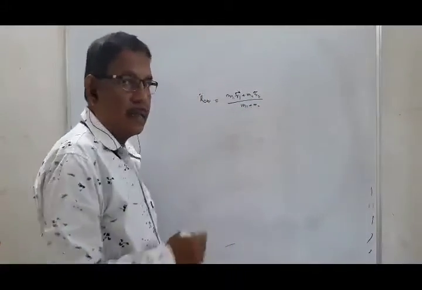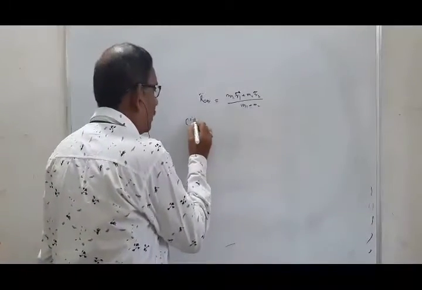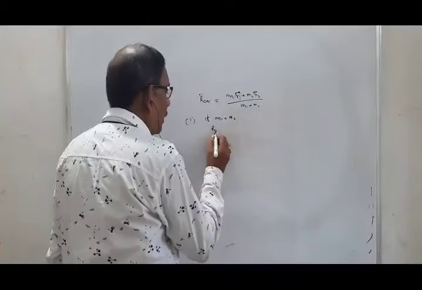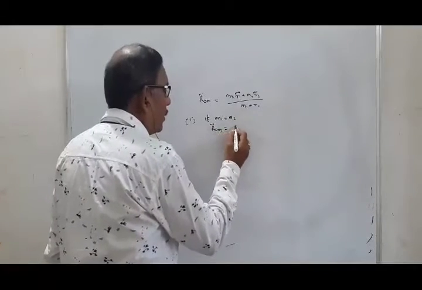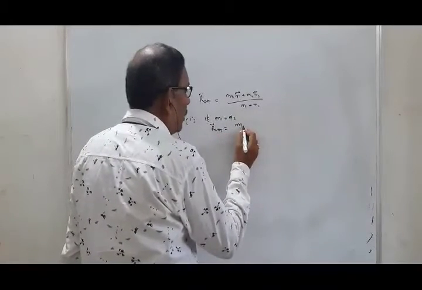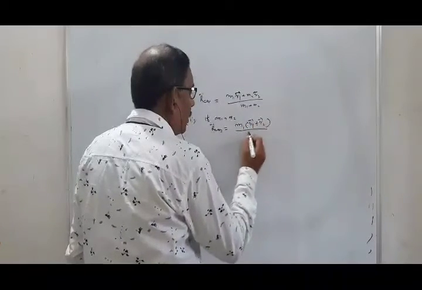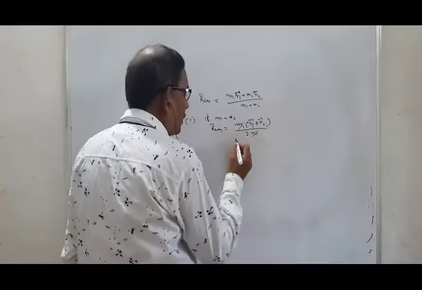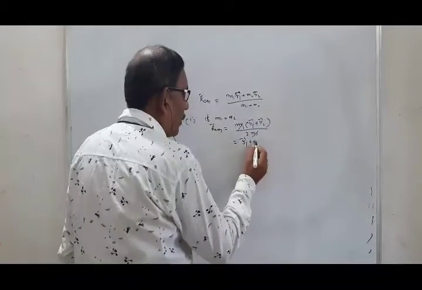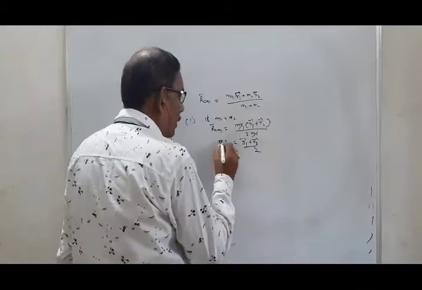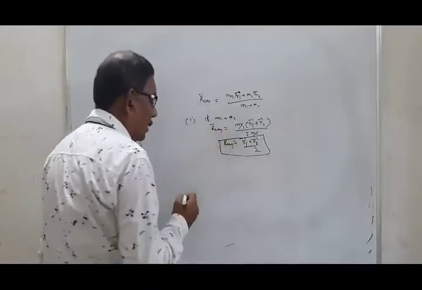Some results arise here. One is M1 equal to M2, and RCM equal to M1 into R1 plus R2 by 2 M1, that is the vector R1 plus R2 by 2. RCM, with the masses both equal.